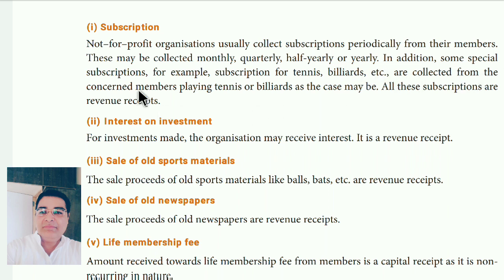In addition, some special subscriptions, for example subscription for tennis, billiards, etc., are collected from the concerned members playing tennis or billiards, as the case may be. All the subscriptions are revenue receipts.